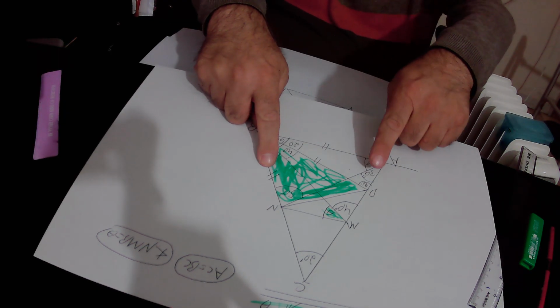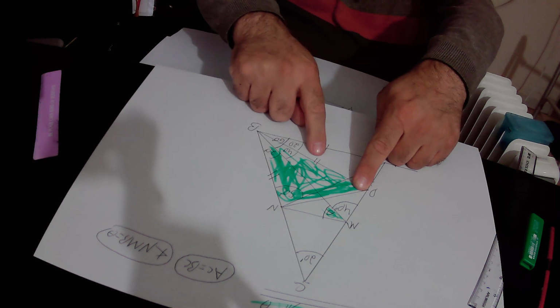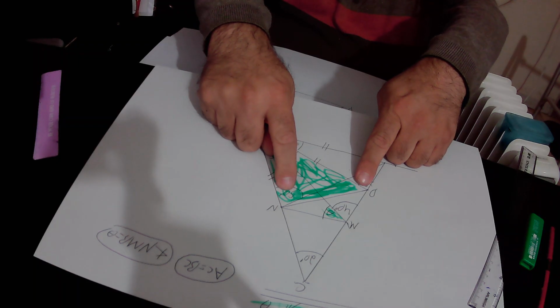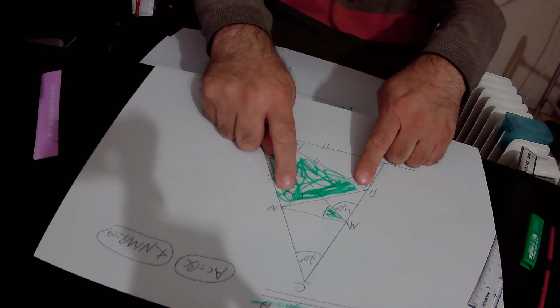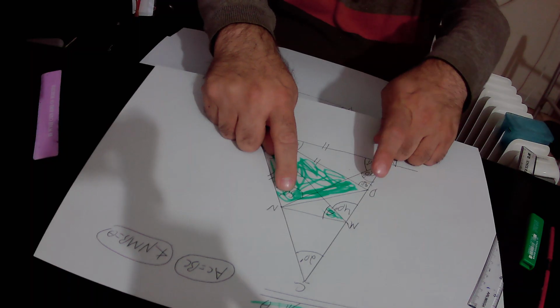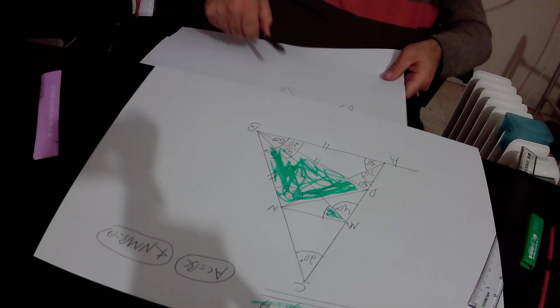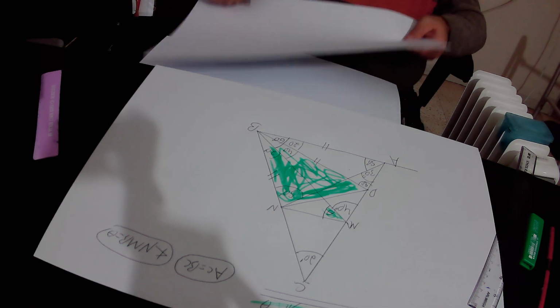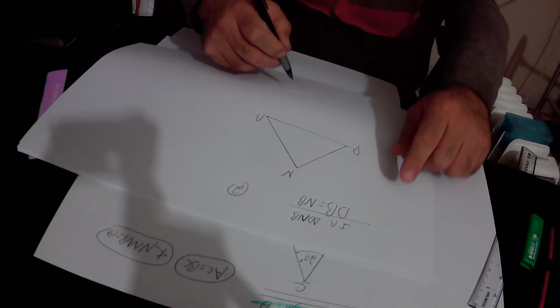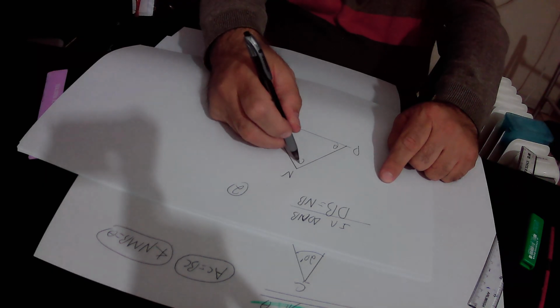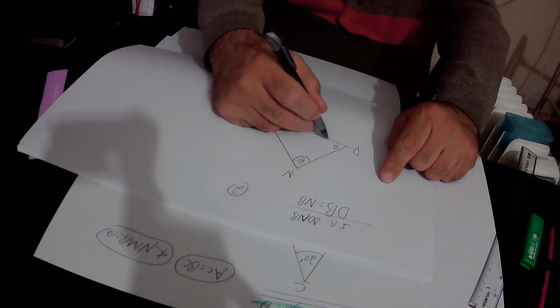This side is located in front of this angle, and this side is located in front of this angle. Those two sides are equal to each other. That is to say, in front of equal sides there are equal angles. Those two angles are equal to each other. So if one angle is theta, then the other angle must also equal theta. So this is triangle DNB that I copied from the original drawing. Those two angles are equal to each other, so we'll define each angle as theta.